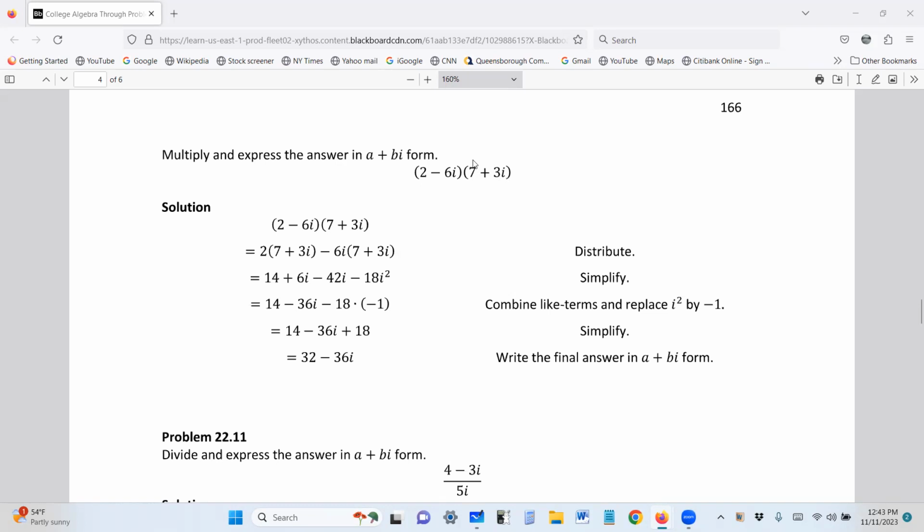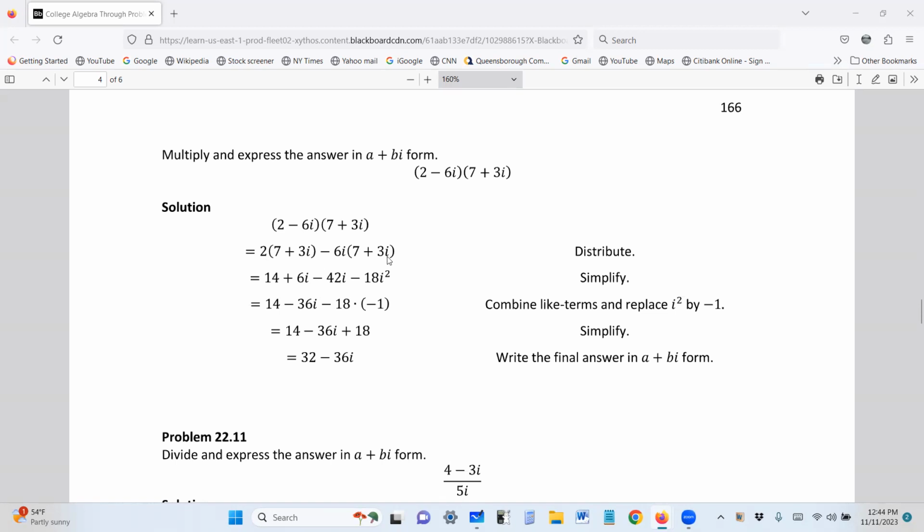We have to FOIL, right? So we'll do 2 times 7, 2 times 3i, as you see over here, and minus 6i times 7, minus 6i times 3i. So here on the second line under the solution, you have 2 times 7, 14, 2 times 3i, 6i, minus 6i times 7, minus 42i.